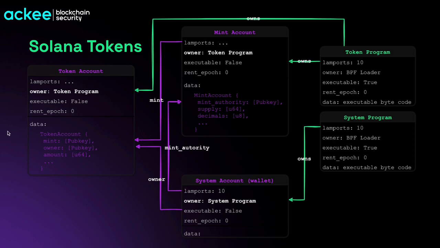So now we can see that our wallet is the owner of this token account, and the mint account minted some amount of tokens into this token account. That results in our wallet now holding some amount of the tokens that we have created, but it is also a mint authority for this token and can issue or burn different amounts of this token.